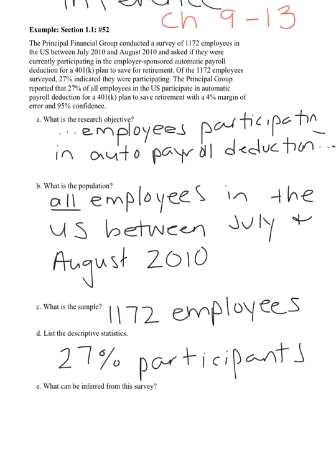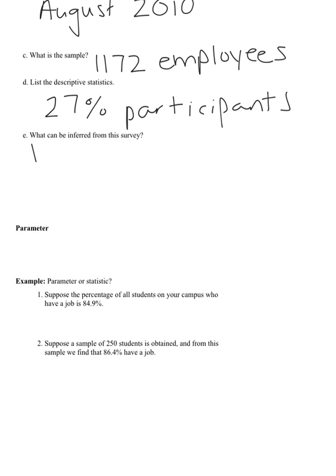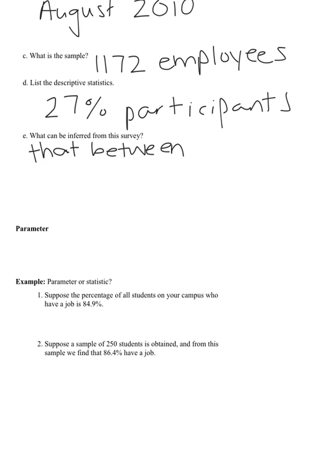But what can be inferred from this survey is that between, and let's see, they said 27% with a 4% margin of error.